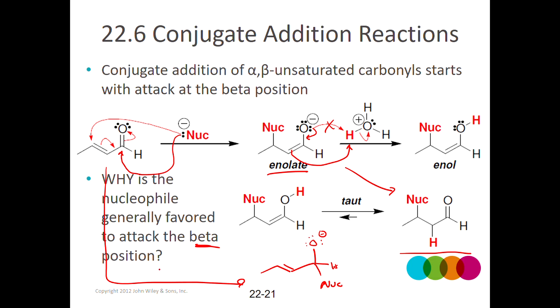If the nucleophile is very strong, you'll get more of this. If the nucleophile is weaker, you'll get more of this. And that has mostly to do with the attraction between the nucleophile and the partial positive that's greater on the carbonyl versus the smaller partial positive at the beta carbon.